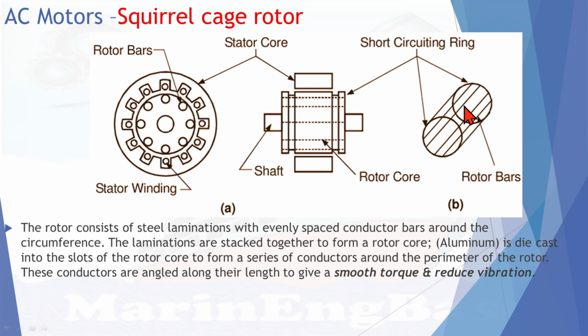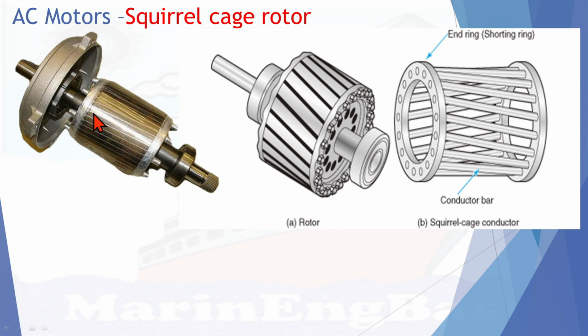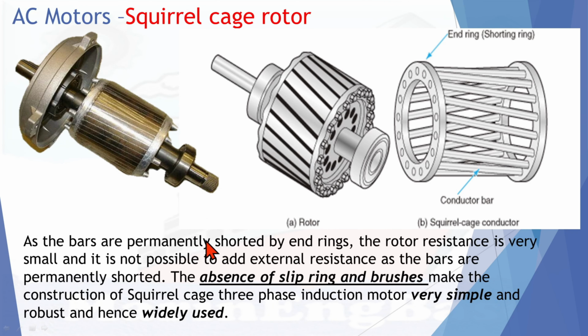Normally, these copper conductors which are connected, these two end rings, are not parallel. Mainly, they are at an inclined angle. This is to make a smooth torque transition while it's rotating.